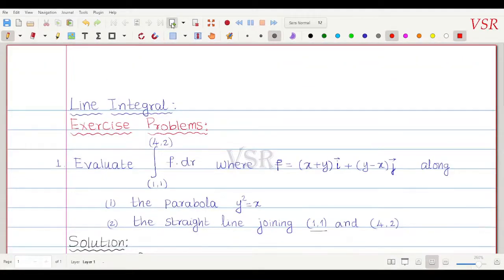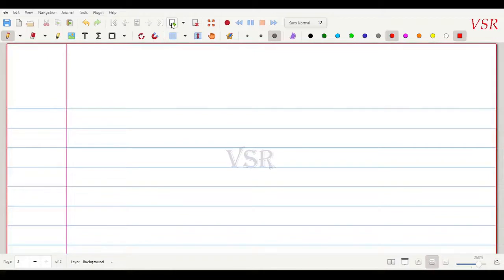Let us keep this F as it is, because we will need it here. Then let C be the straight line joining (1,1) and (4,2). This is the second part.